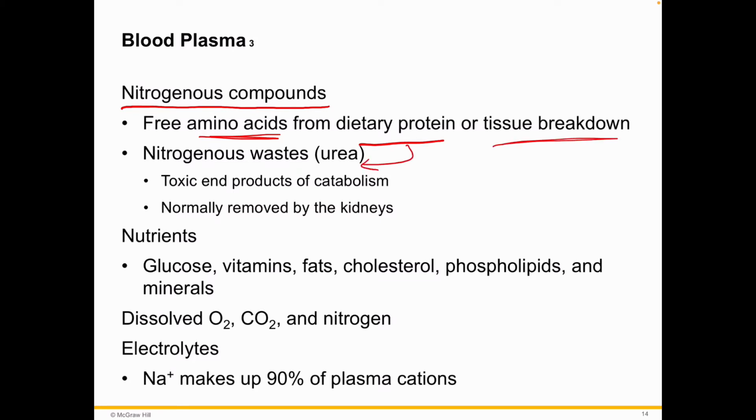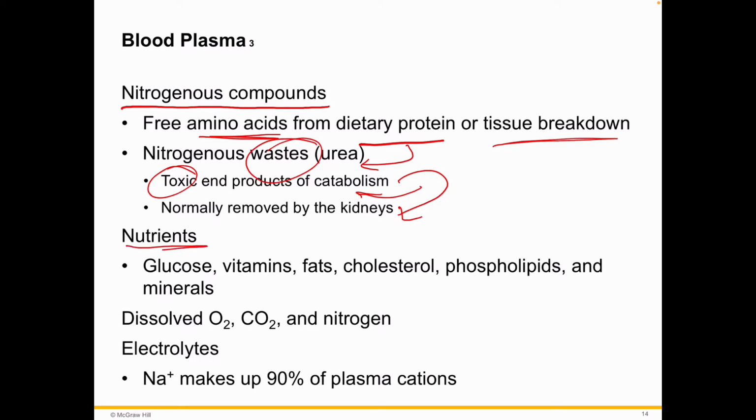Primarily, we're going to see them in the form of urea, and these are oftentimes breakdown components, right? We just talked about them being wastes. So they're the end products of catabolism. So they're toxic, and we're going to try to remove them from the body. And so normally they're going to be removed in the urine, hence urea, by the kidneys, right, through the filtration.